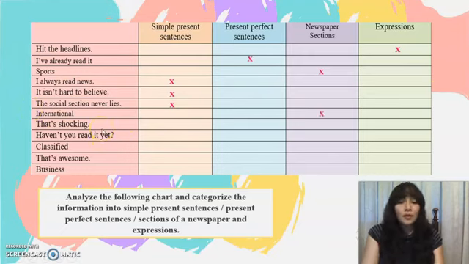That's shocking. It's an expression. Haven't you read it? Corresponds to present perfect sentences. Classified corresponds to newspaper sections. That's awesome corresponds to expressions. And finally, business is related to newspaper sections. Very good.